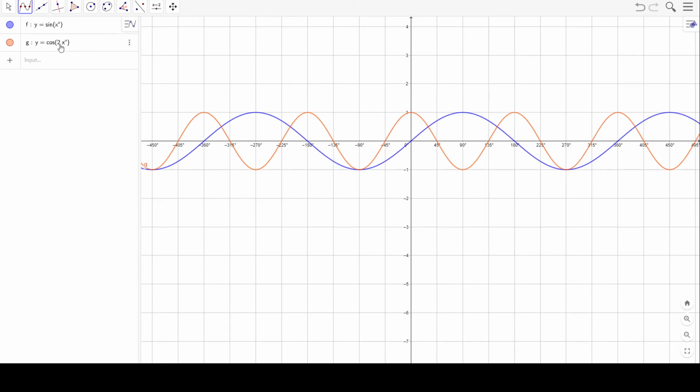Could you anticipate what will be the role of these two? Because this orange one is not cosine of x, but it is very similar to cosine of x. Can you see the big difference between the graphs? This is the future lesson. I just want you to see a little bit ahead. So what is the difference between cosine of 2x degrees and the cosine we had?